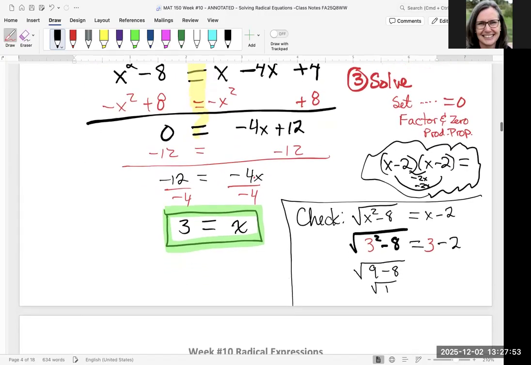The square root of 1 is 1. And 3 minus 2 is 1. So yes, my original equation is true. So that means x equals 3 is the solution to the original equation.